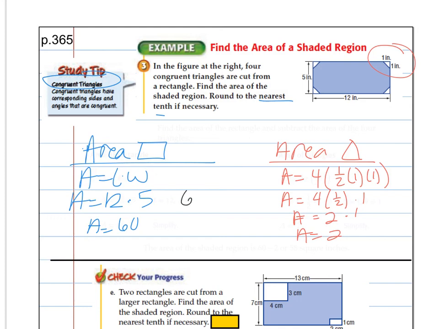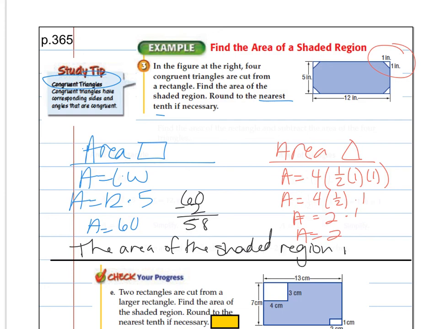So what that means is it's the rectangle of 60 minus the 2, which is 58. So the area of the shaded part is 60 minus 2, or 58 square inches.